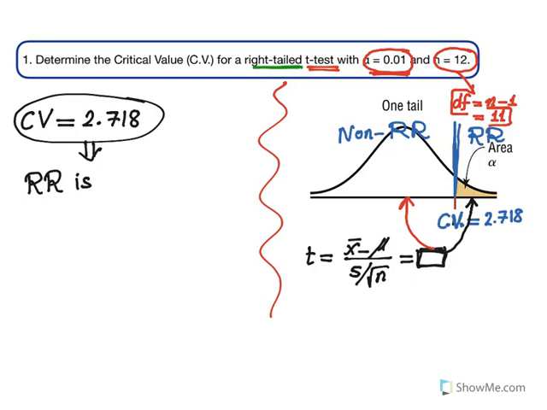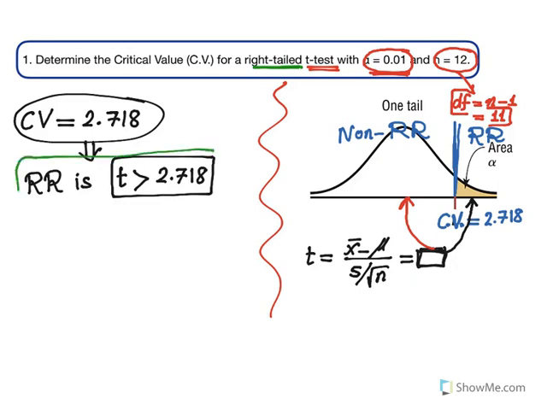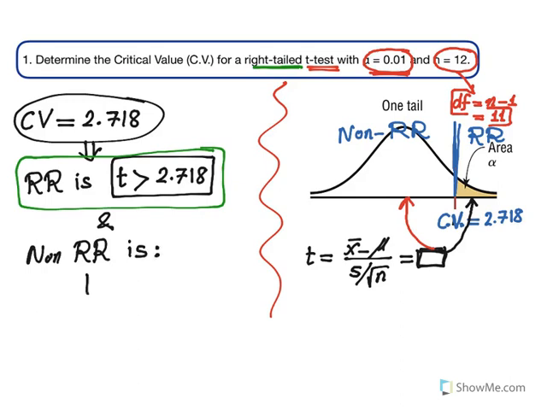So the rejection region in this case is t strictly bigger than the critical value, 2.718. Those are the values of t for which you would reject the null hypothesis. We put this in a rectangle, and the non-rejection region for this right-tailed test is t less than or equal to 2.718, the critical value that we found.